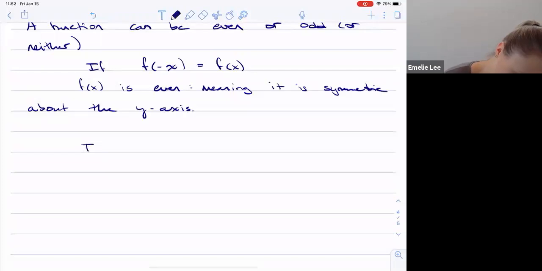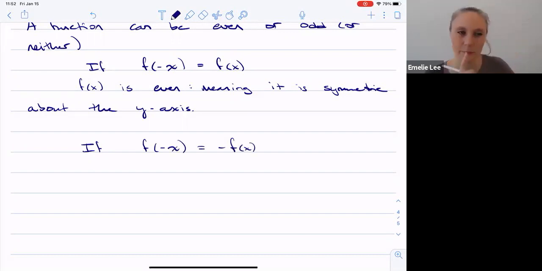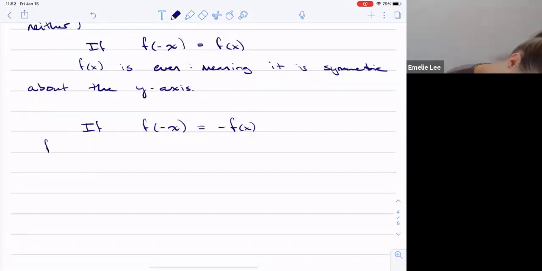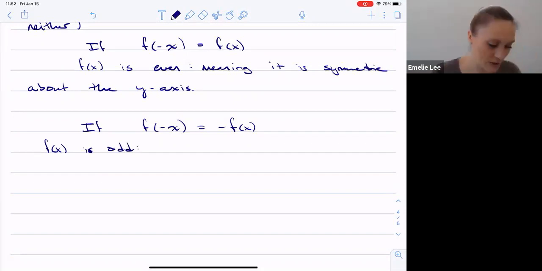Whereas, oops, if you take f of negative x and it gives you negative f of x, okay? So if you're able to rework the equation and extract a negative outside the function, then f of x is odd. And this one's a little bit harder to wrap your head around, but it's symmetric about the origin, and it looks weird.